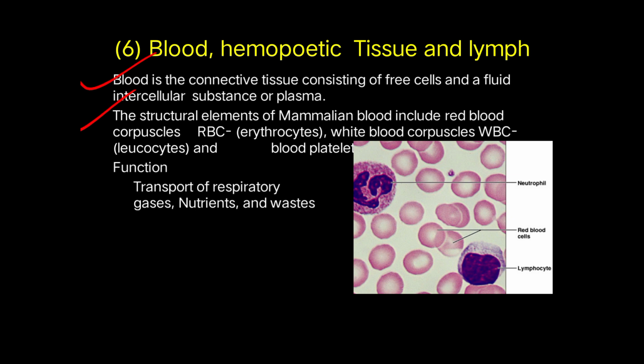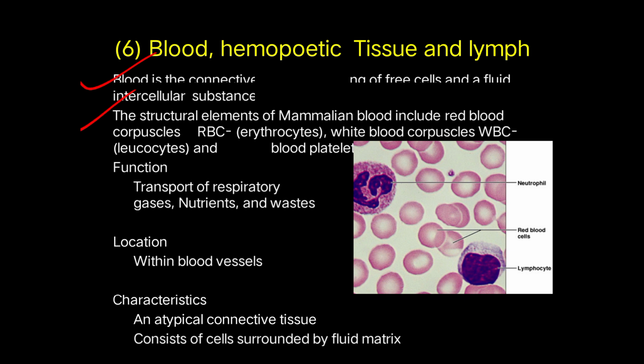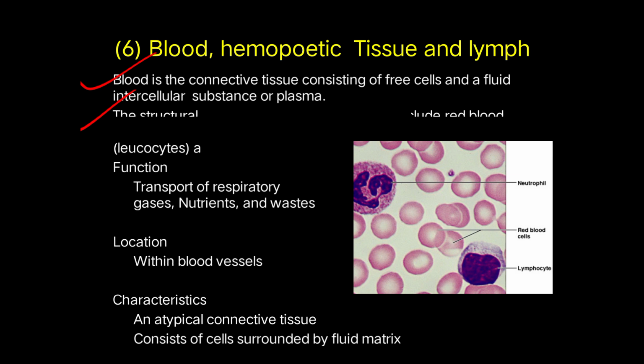Its function is the transport of respiratory gases, nutrients, and waste, and its location is within the blood vessels. Its characteristic is that it is an atypical connective tissue consisting of cells surrounding a matrix. The next point to remember is that blood has cells and an intercellular space containing the plasma.